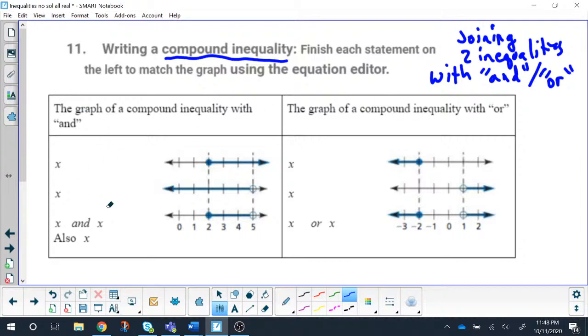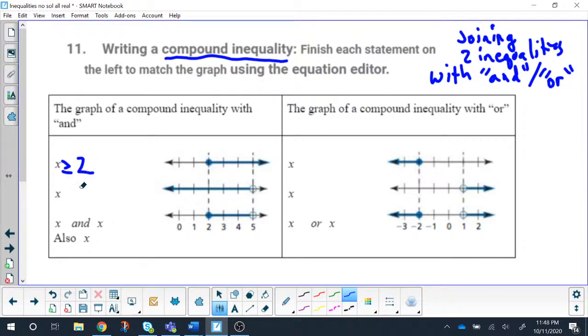So here I was thinking you click on the X here, and hopefully that will let you insert an equation. I want you to write that X is greater than or equal to 2 is what that's saying.